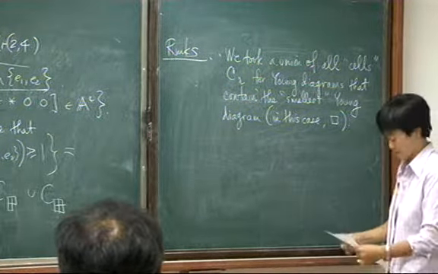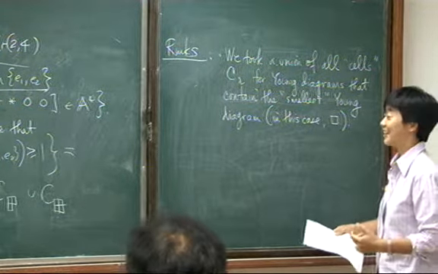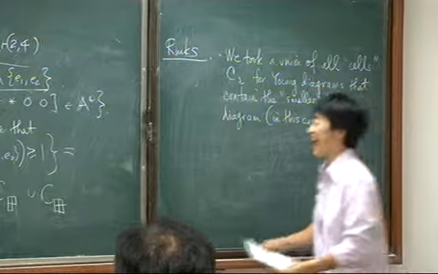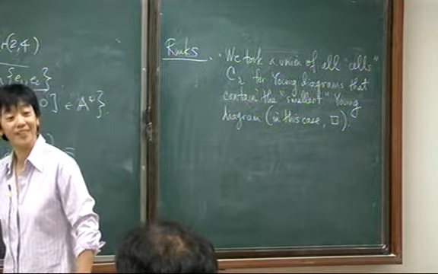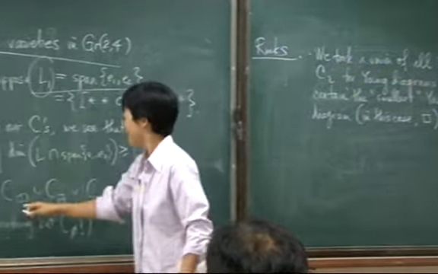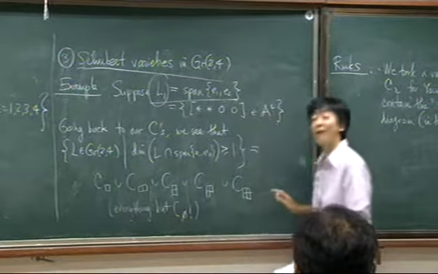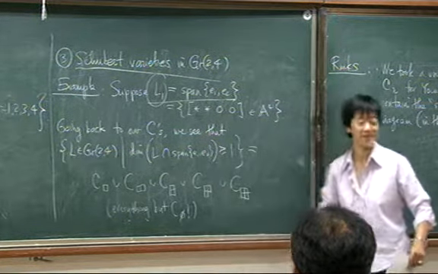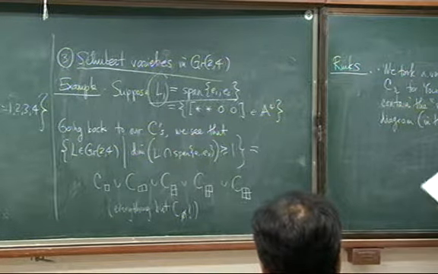I'm sorry, I don't think this is the best English sentence ever. What I'm trying to say is, what do we do here? We took this smallest Young diagram, and then we took all the other Young diagrams that are appearing in our set that contain this one. And in this case, of course, it's the smallest, so I just have them all, except for, of course, the empty one.